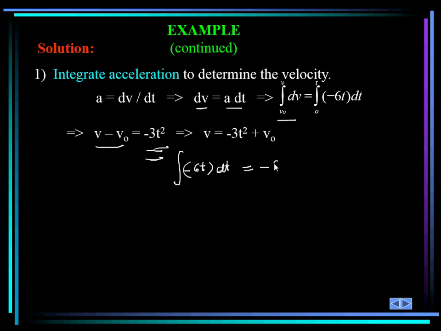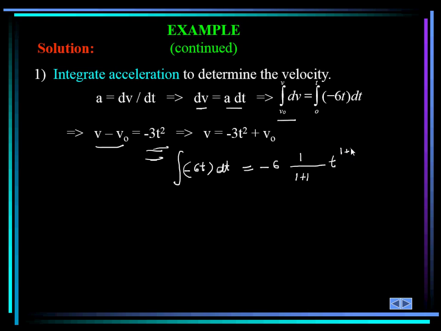You have minus 6 times 1 over the number n plus 1, so t squared, like 1/2, since it's 1 plus 1 in here, and this would be t to the n plus 1.